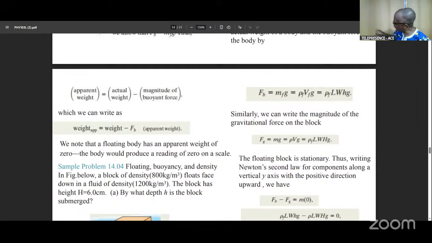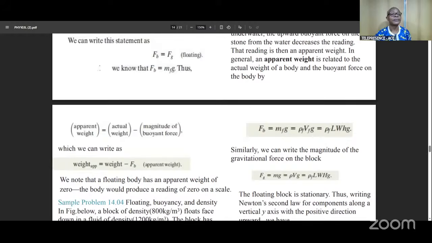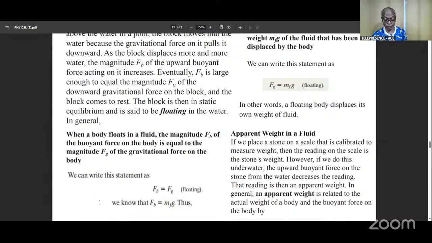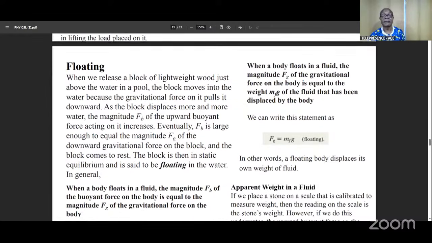But if I lower that object in a fluid, say water, the apparent weight will be equal to the real weight minus the buoyant force, because there's a buoyant force that will push it up. So I should take note of that. And again, we're able to look at Archimedes' principle and the principle of flotation, how they are related. So that's what we're able to cover today.